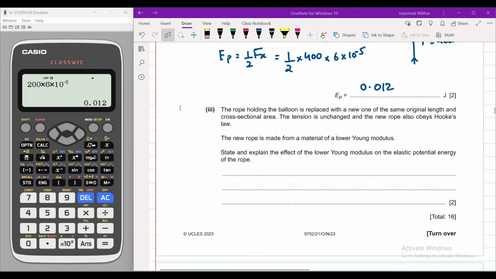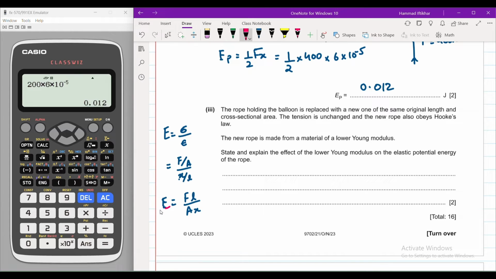If we look at the formula, Young's modulus is stress over strain, which is F over A over x over L, which simplifies to FL over Ax.